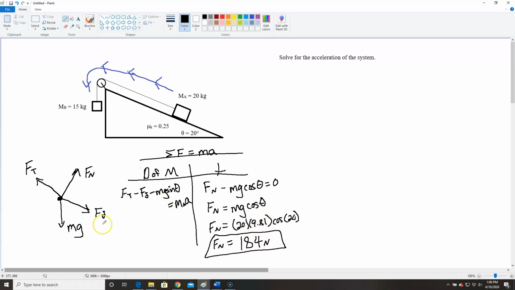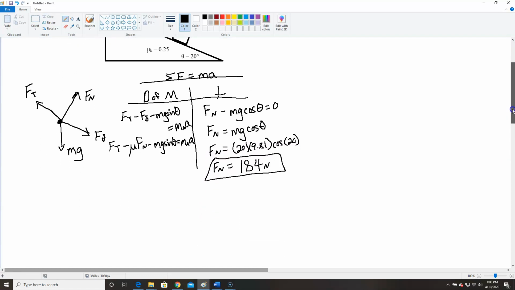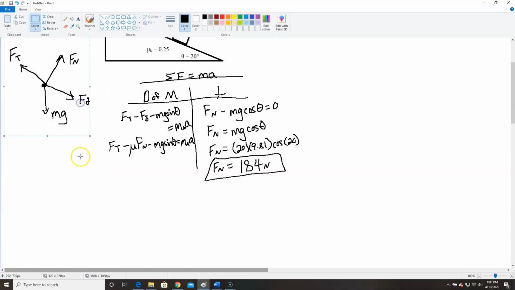If I come back over here, I can say the force of tension minus friction, which is mu Fn, minus mg sine theta equals ma. Let's plug in some numbers and see what we get.